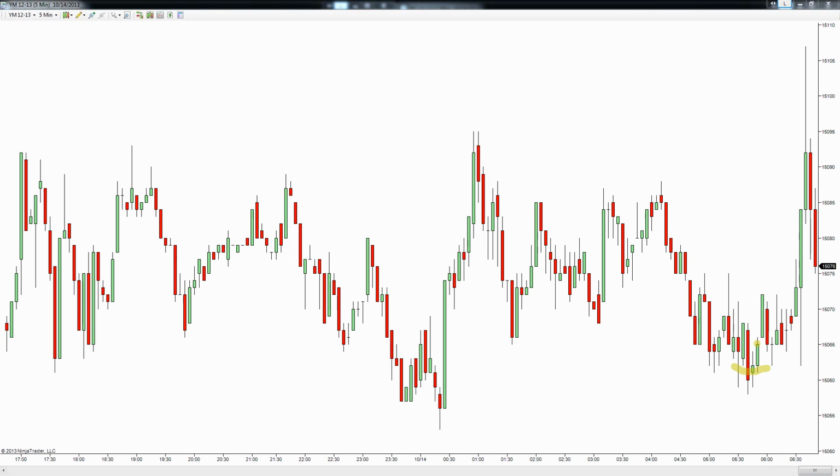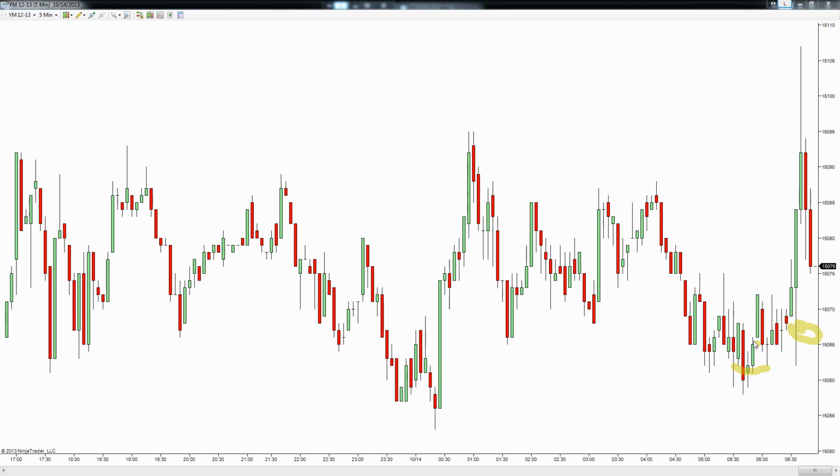I got in at 15065 around here. I took T1 at 15.075 and T2 at 15.085. T3 I got at 71, right around here.